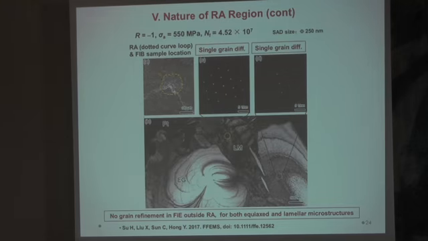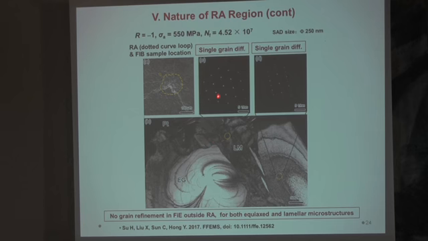And then we observe the location outside the RA region, but within the fish eye. Very interesting and very important, you see, we cannot observe the fine microstructure layer in this area of the fracture surface.